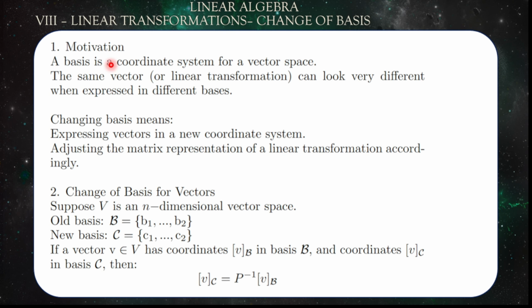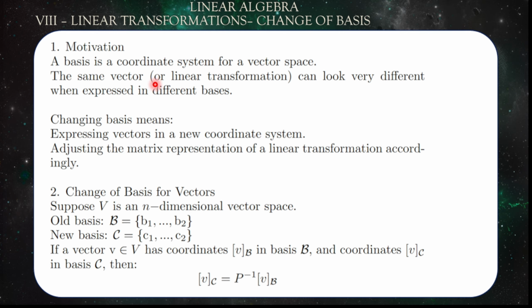Let's talk about the change of basis. First of all, what is the motivation behind it? A basis is a coordinate system for a vector space. The axes x, y, z form the basis of a 3D axis system, and they are three unique vectors that are linearly independent.